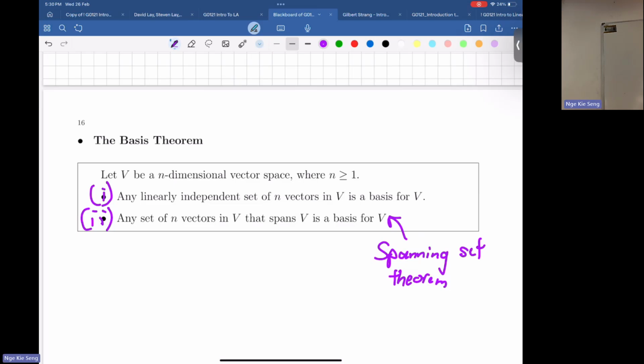And if you have n vectors that span Rn, you don't need to check linear independence anymore. It will be a basis. It will be linearly independent. You need to think about it. We have a lot of choices. Let me write down some examples for you, otherwise you think I'm singing here.